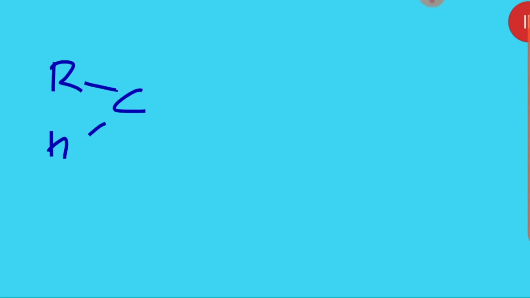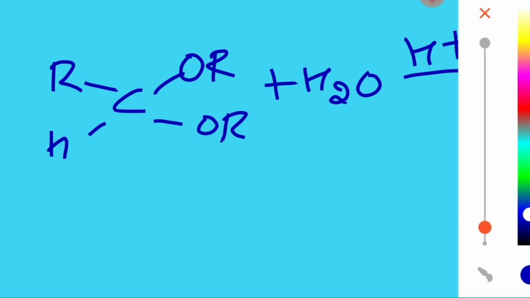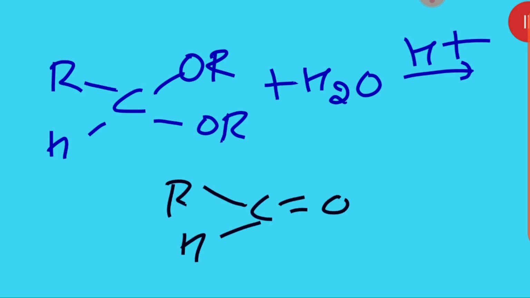Suppose we have made this RCH(OR)2. If we react it back with water in the presence of H positive, then we get back the original reactants: RCHO.